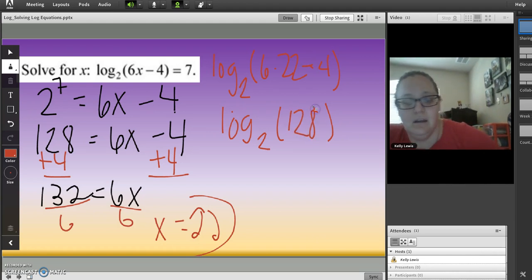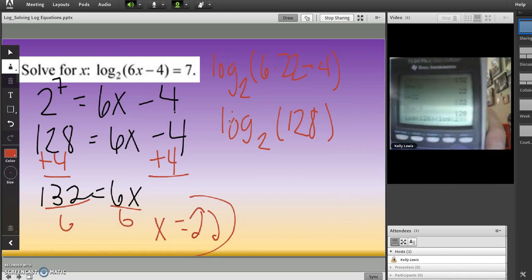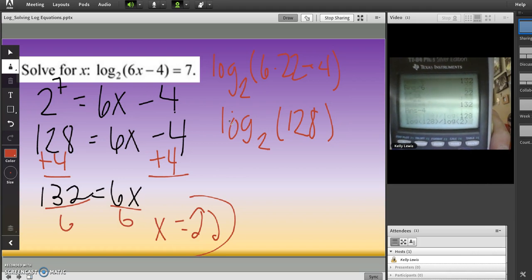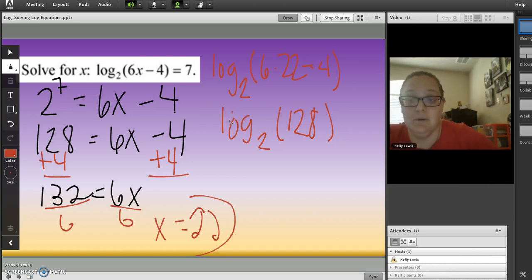In my calculator, I'm going to use the change of base formula, and I'm going to do log 128 divided by log 2. The change of base formula is the bottom row. Okay, and I get 7. So this one works. There's going to be times where it doesn't work, I promise.